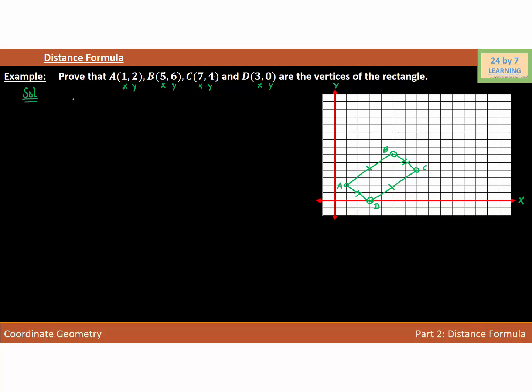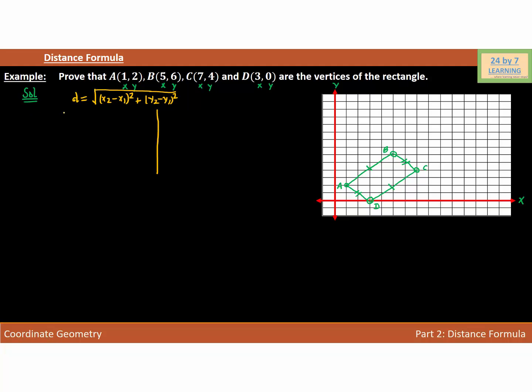The distance formula that we are going to use is d equals the square root of (x2 minus x1) squared plus (y2 minus y1) squared. I'm going to consider AB first. So I'm going to draw a line so that I can separate AB and CD.